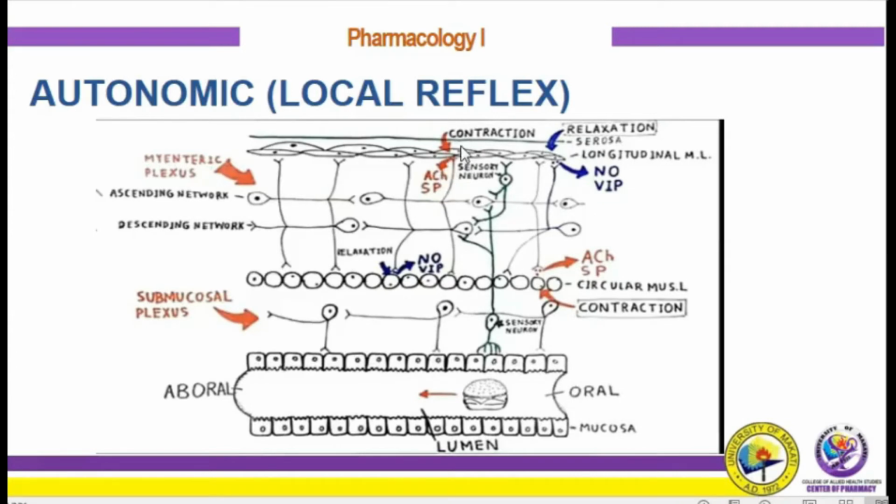At the same time, the ascending neuron also releases excitatory neurotransmitters like acetylcholine and substance P on the longitudinal muscle, which causes contraction of the muscles.